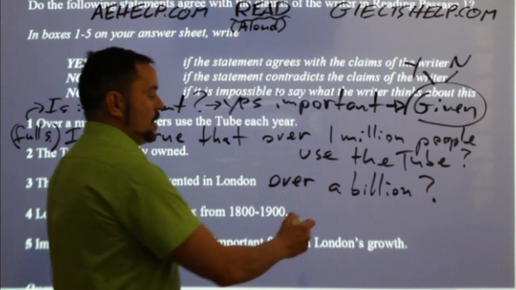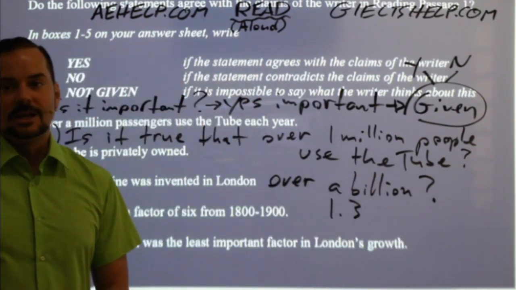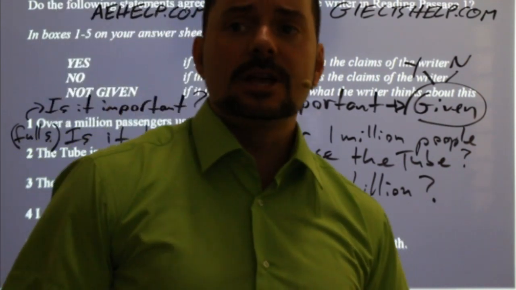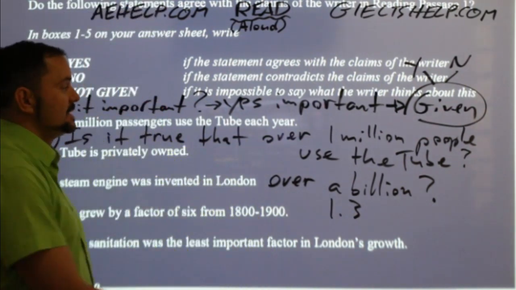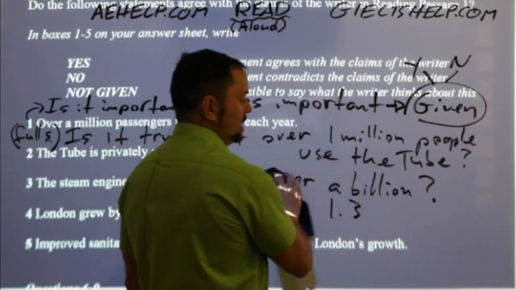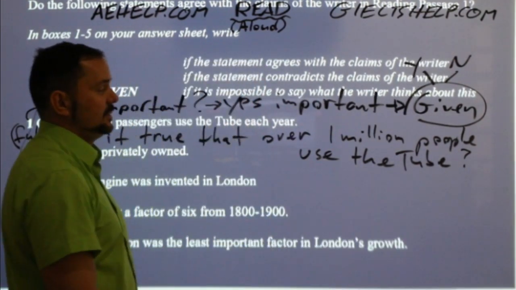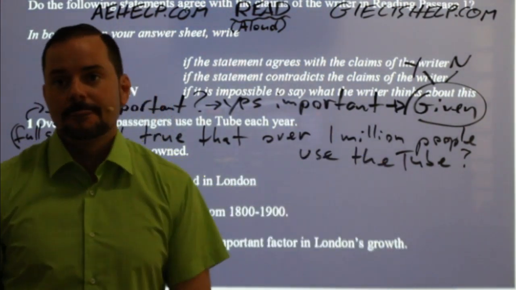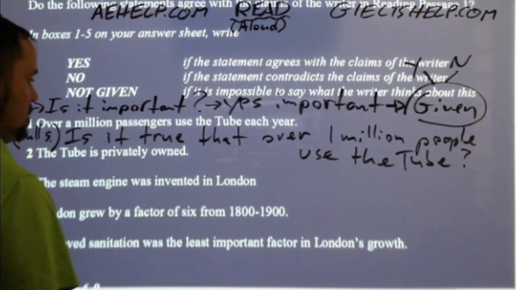So if it's 1.3 billion, it's definitely over 1 million. Be really careful, students. The IELTS exam is testing your thinking and logic as well. So 1.3 billion is definitely more than 1 million. It's a lot more. In this way, IELTS is also testing to see if you know the difference between million and billion. So billion is 1,000 million, in American English.